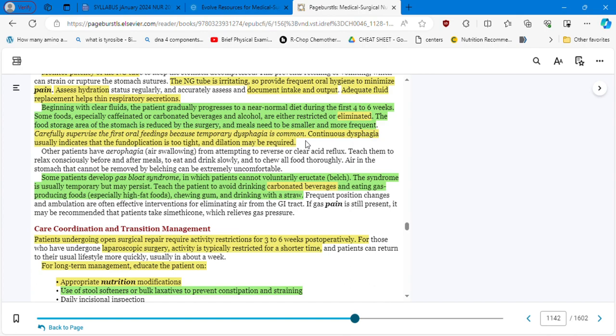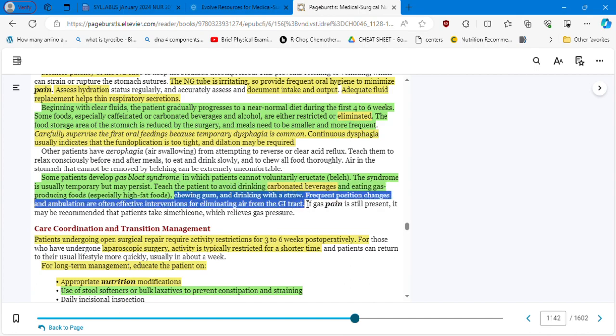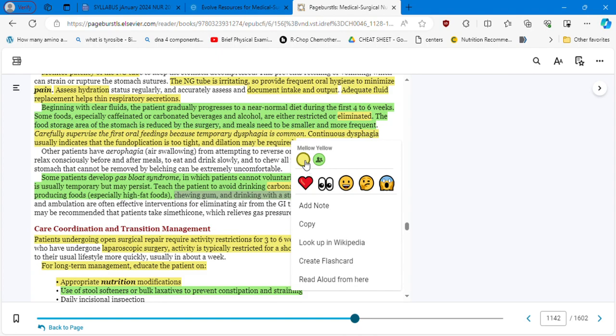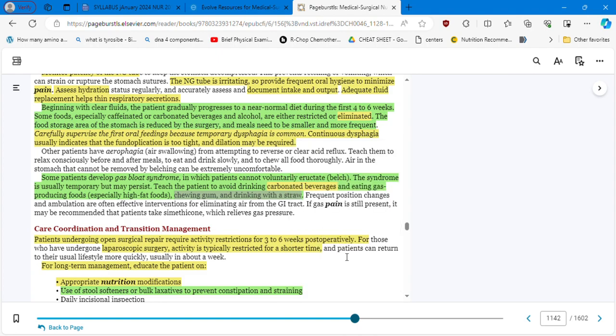High fat, your fried foods. Chewing gum and drinking with a straw. Okay? We don't want to promote gas bloat syndrome.